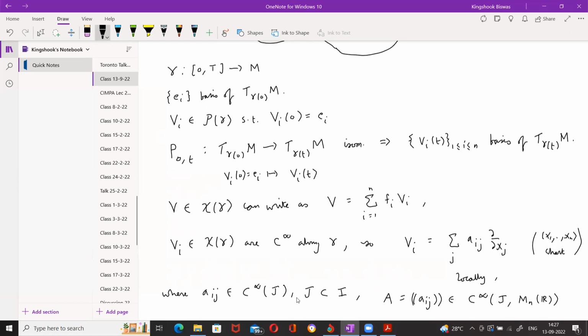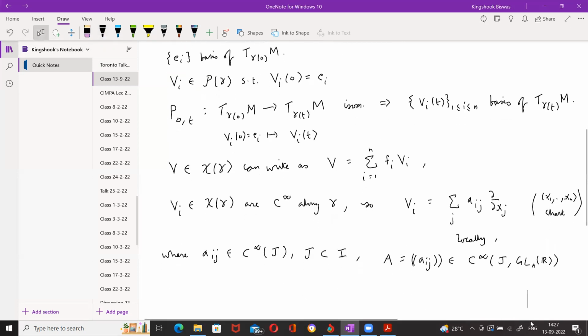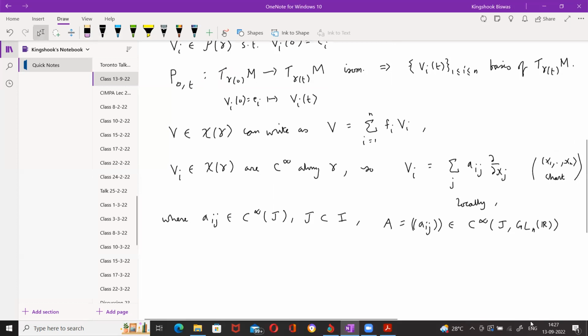But the V_i's are a basis and the del x_j's are a basis. So this change of basis matrix must be invertible. So this A takes values in GL_n(R). So it's a smooth curve inside GL_n(R).